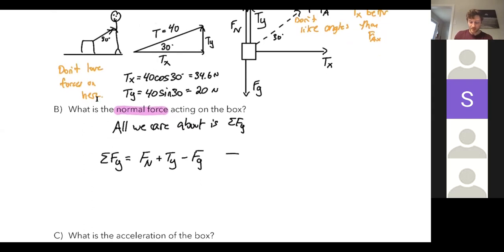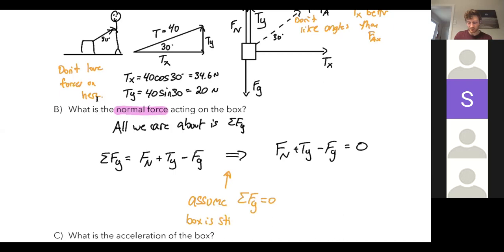We can say that Fn plus Ty minus Fg all equals 0, because just like always, we assume that the sum of the forces in the y direction is equal to 0, and the box is still on the table.